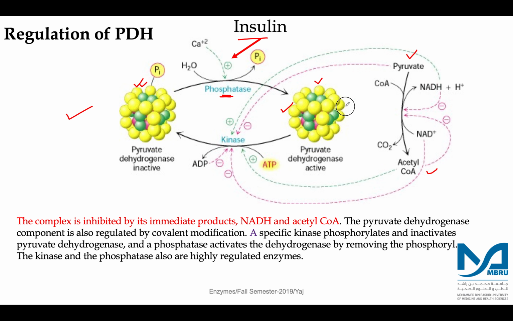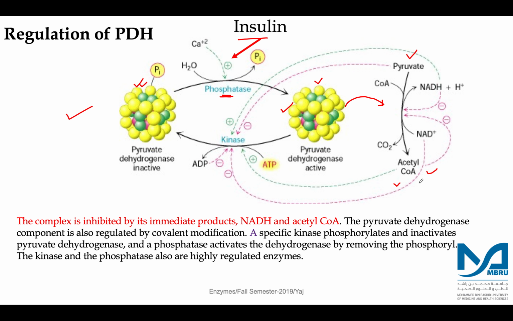And this pyruvate dehydrogenase then catalyzes the conversion of pyruvate to acetyl coenzyme A. And this acetyl coenzyme A then goes into the citric acid cycle if oxaloacetate is available. So from now on, you need to picturize the 360-degree picture of carbohydrate metabolism.